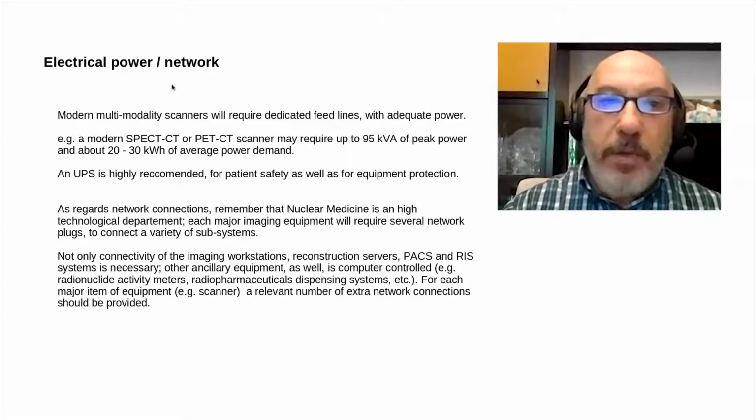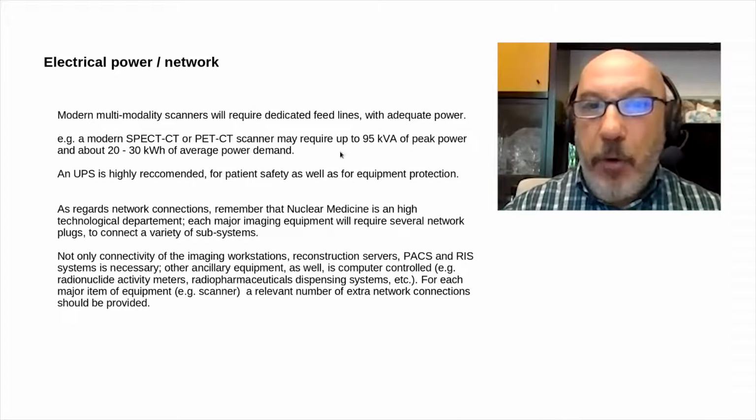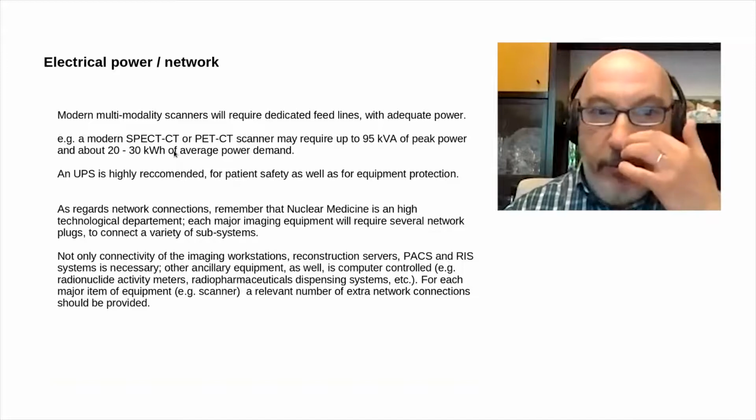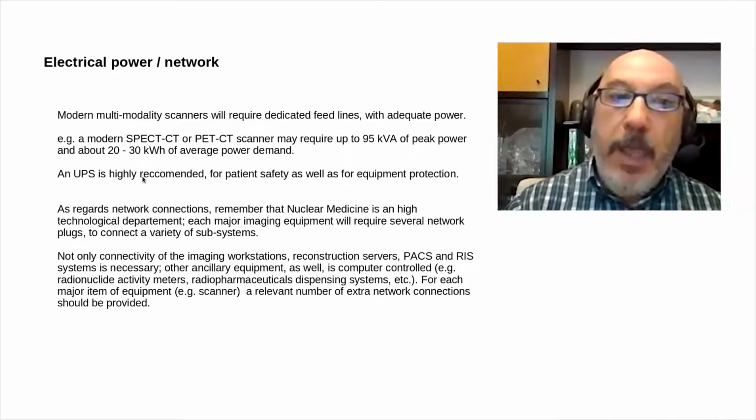And we have to remember that the electrical power requirements are very stringent for modern equipment. They may require an absorption of 30 kilowatts, particularly during the phase of the CT scanning for multimodality equipment.